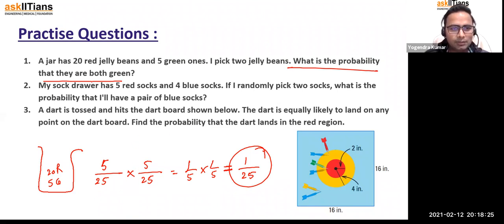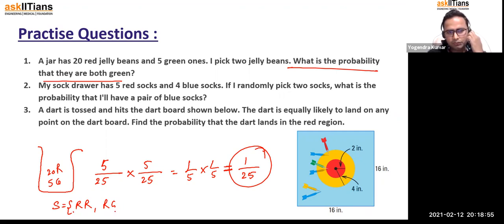It could be in any order. Let me write down the sample space for this. Sample space would be what? We are picking up two jelly beans, so it could be red, green, red, green.